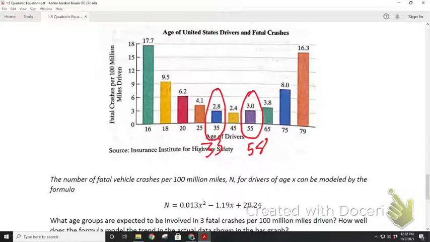Remember, it's never going to be perfect whenever you're estimating. So I would answer that last question: the model does a decent job. 33 and 58 are pretty close to 35 and 55. So you have to make sure you answer that question if it asks it on the test.